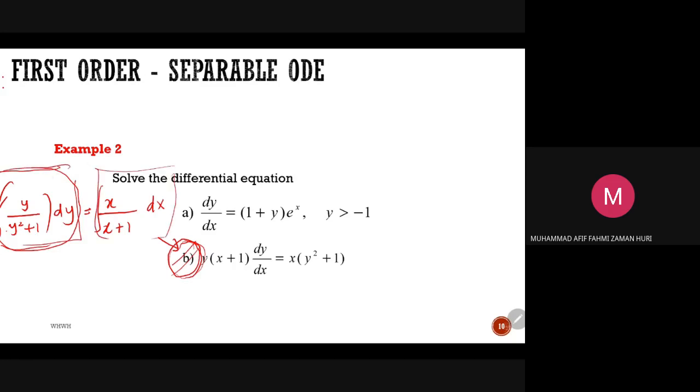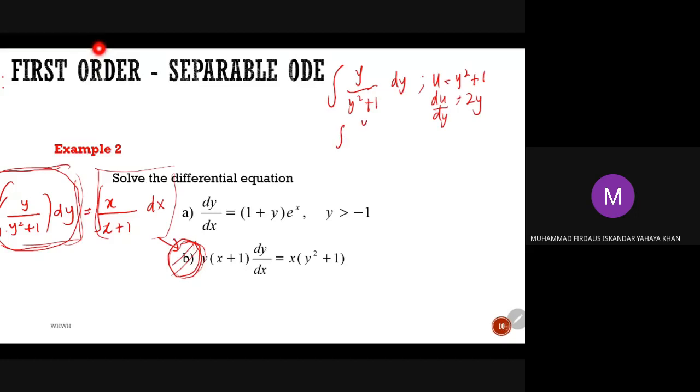Okay, first, y over y square plus 1. Let u, correct, let u. This one is fine. You let u be what? The bottom one, y square plus 1. Yes, u equals y square plus 1. So du over dy is equal to 2y, right? So from here you can cancel, correct?